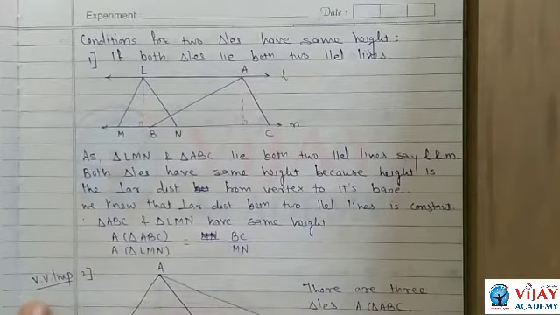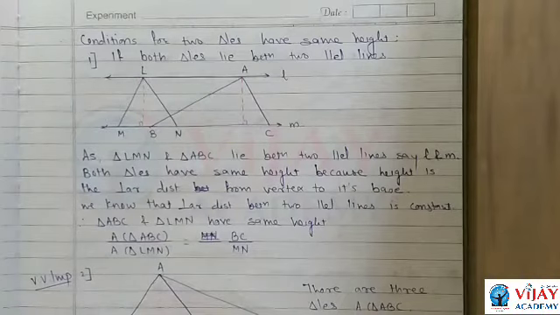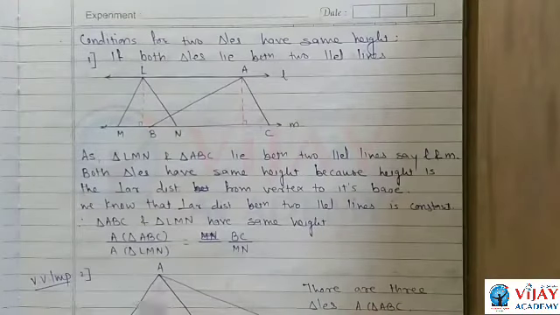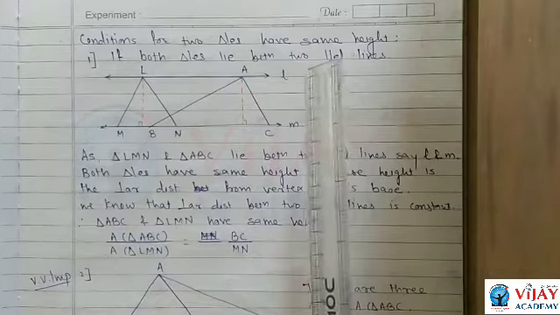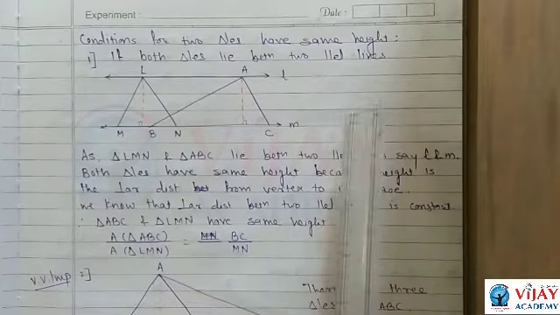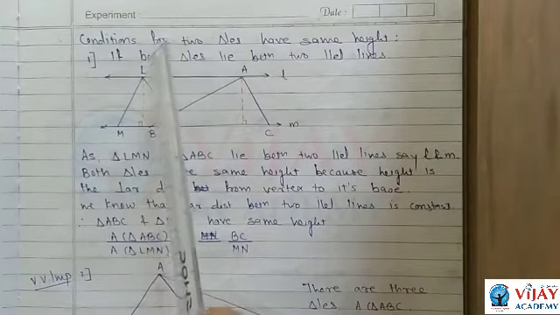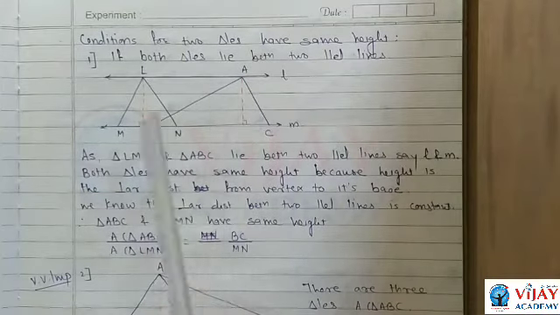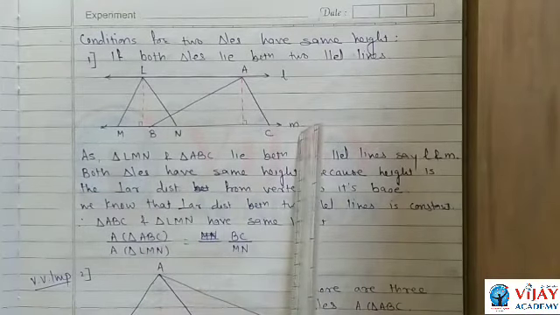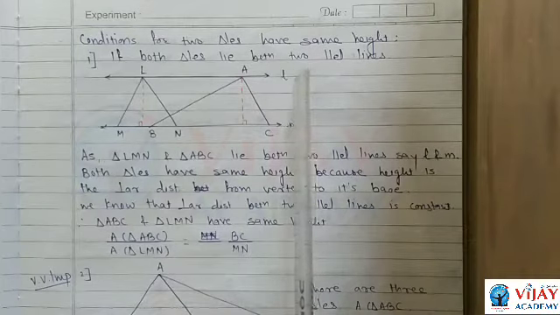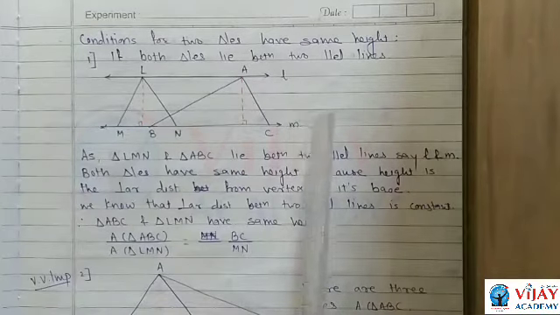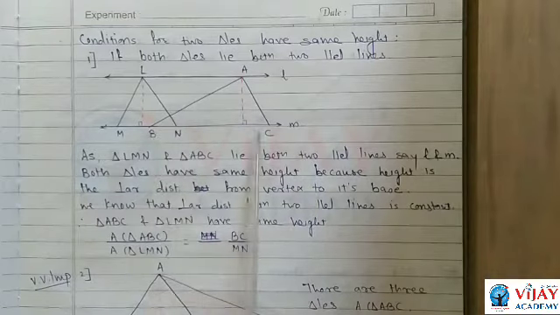different types of conditions for two triangles of the same height, when this condition is possible. If we take two lines, line L is parallel to line M, and take the two triangles, triangle LMN and triangle ABC, and you know that the perpendicular distance between two parallel lines is constant.